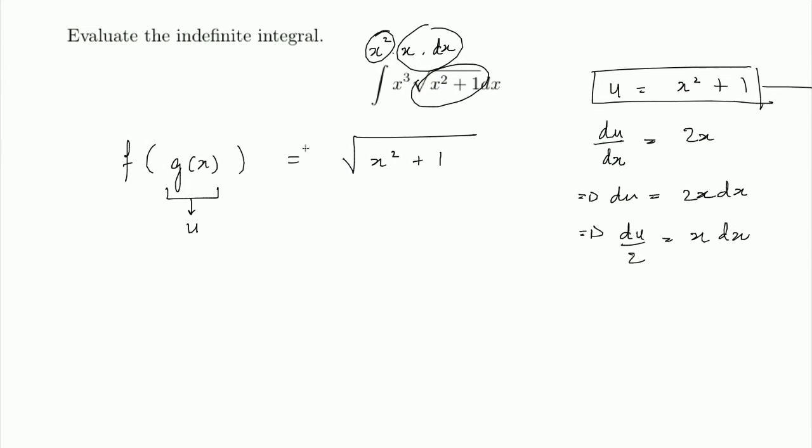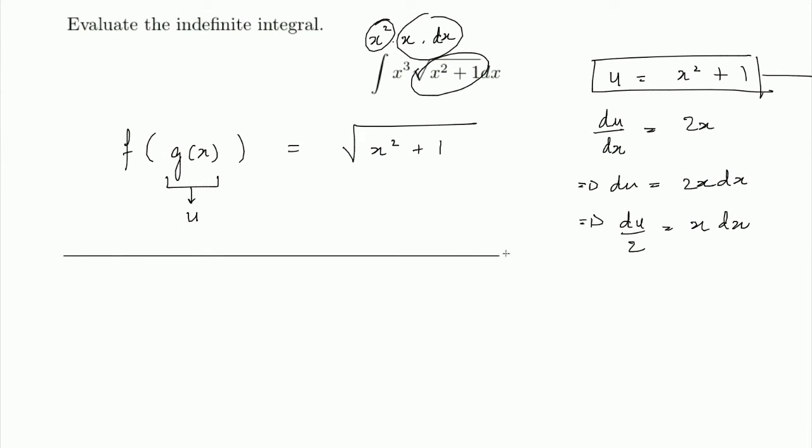So let's start the sub. Inside the integral, the x squared plus 1 under the square root gets replaced by the square root of u. The rest of it gets replaced by u minus 1 times du, and I'm just going to multiply this whole thing by a half to account for this 2 over here.